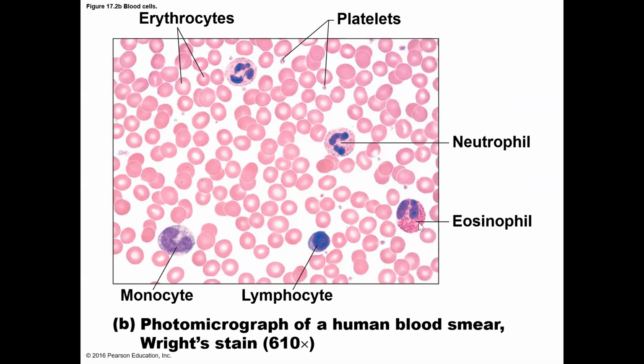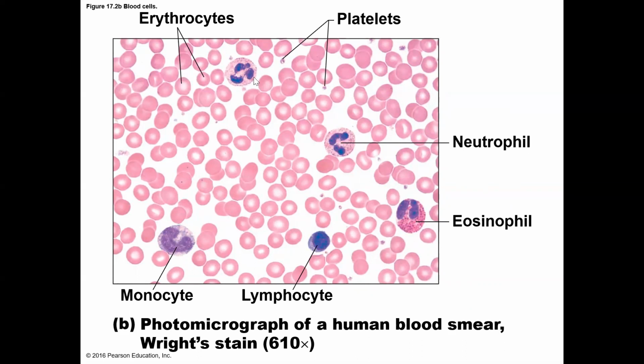This is an eosinophil. It has those red or purple spotted granules. We have lymphocytes. Look at the nucleus. It occupies and fills most of the cell. This is the entire cell. This dark purple structure is the nucleus, and this is the nucleus too.